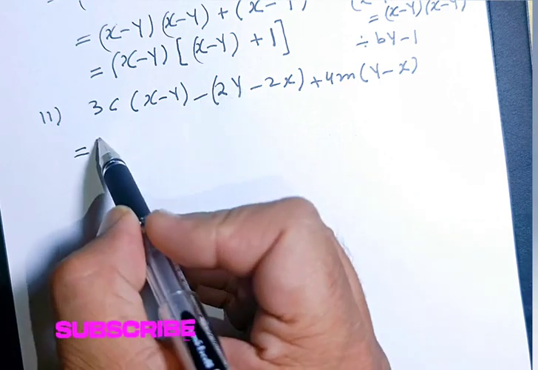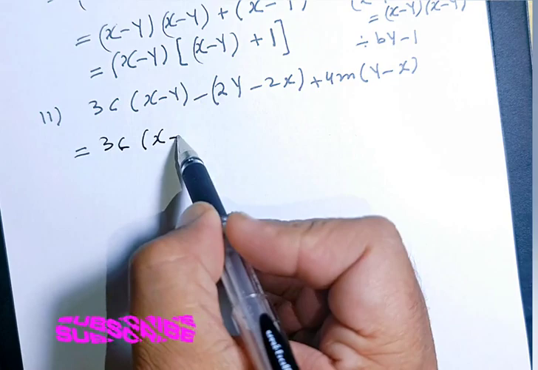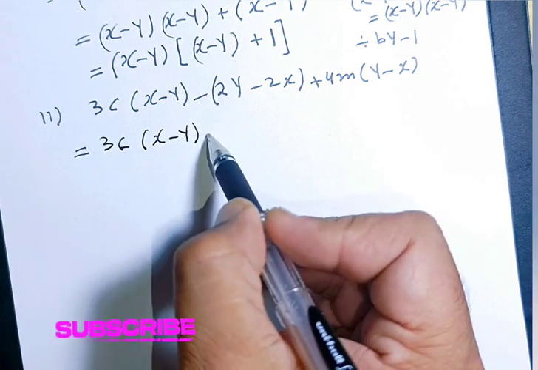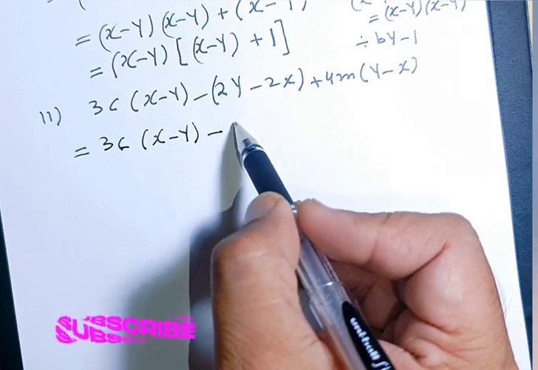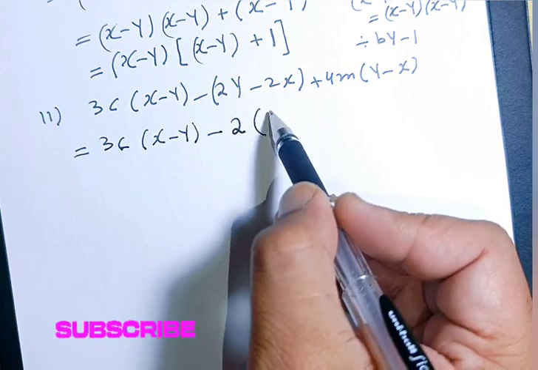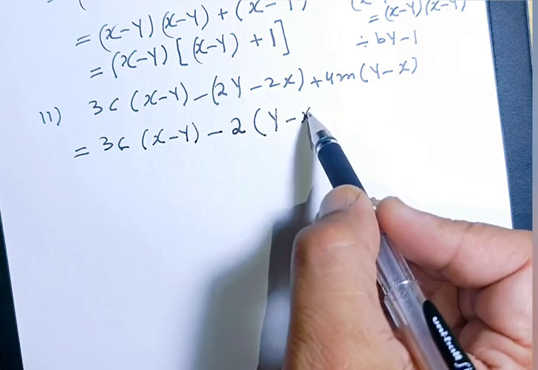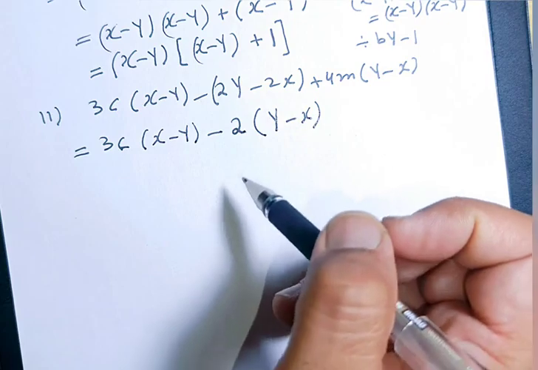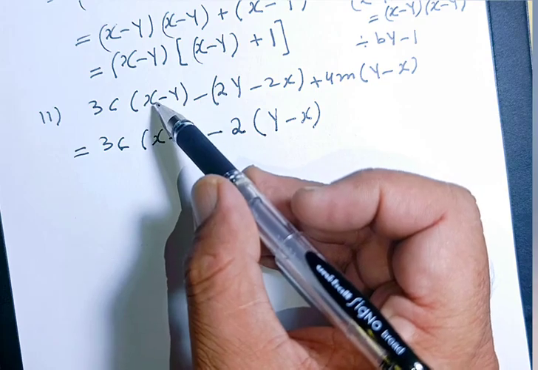So let's do it. 3c x negative y I leave as is. Now minus 2 is a common factor here, so the 2 is out. So what is left there? Y minus x is left. Right? Why? Because I have to make a like term x negative y.